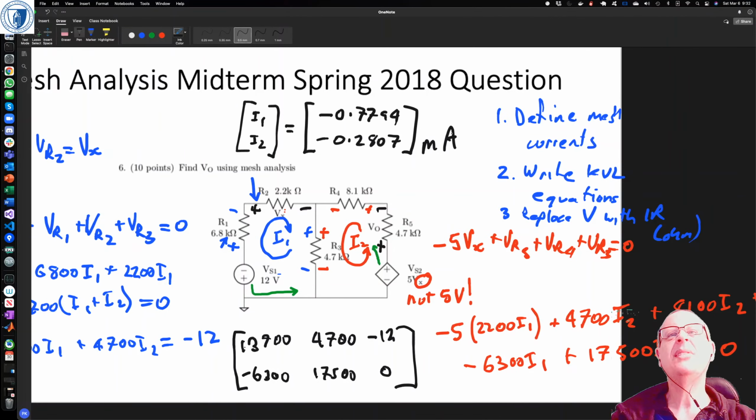Okay, so that's in milliamps. Now remember what I said about the green current directions, right? You can see that at least for I1, that is the right current direction. I1 is actually going in that green direction. Trouble is, the current out of VS2 is actually going that way.